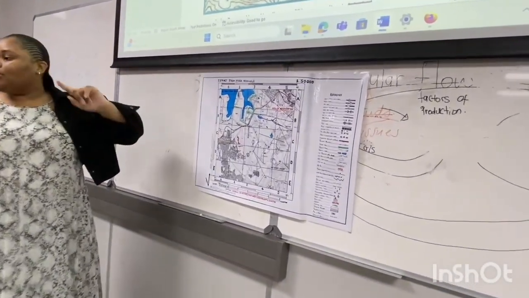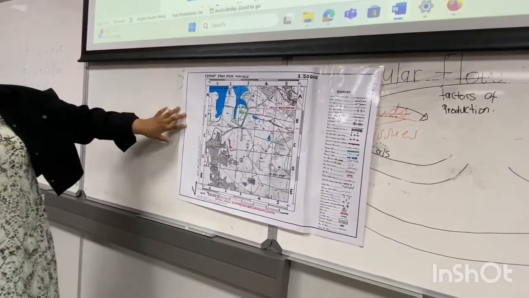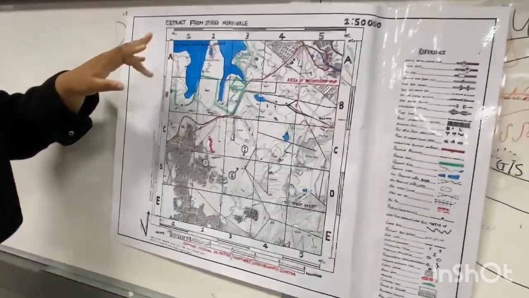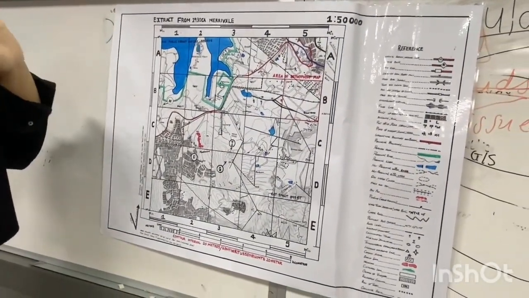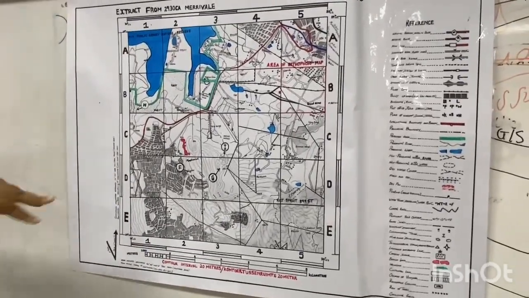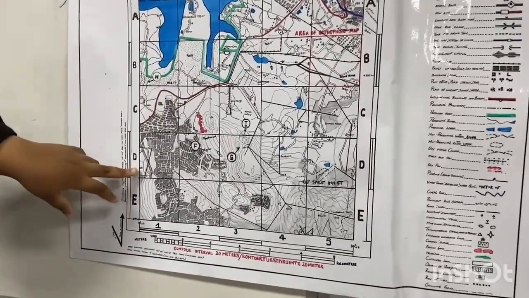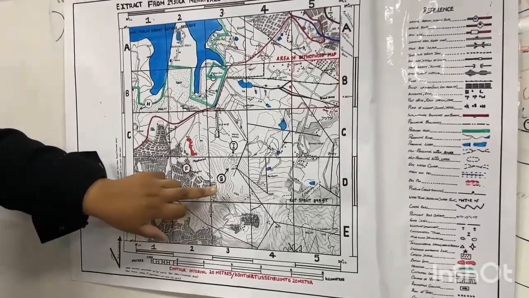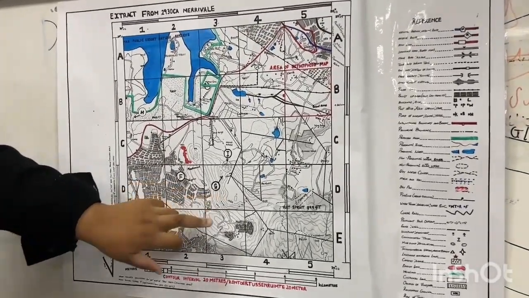So now we look at your class map, which is the extract from 2930 CA Maryville. With this topographic map, by looking at D3, you can see D3. Yes. Can you see those contour lines? Yes.